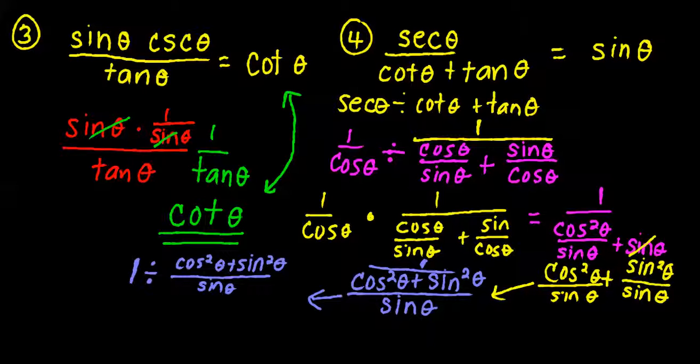Now remember, I can substitute a 1 for that because of the Pythagorean identity, cosine squared plus sine squared equals 1. And then I've got 1 divided by 1 over sine. If I'm going to divide something by a fraction, I can also multiply it by its reciprocal. So I'm going to multiply by sine over 1. So 1 times sine over 1, well, that is sine.